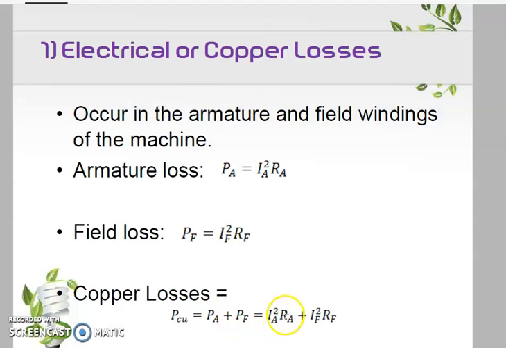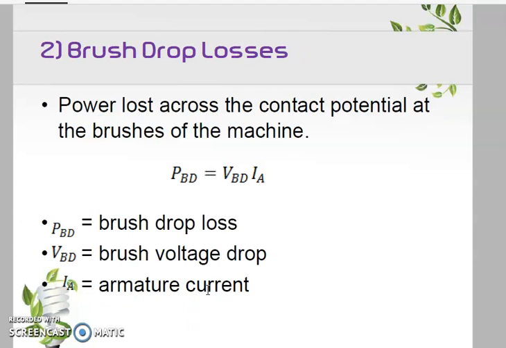So you can calculate both separately as armature and field, or you can combine them together to become a copper loss element. Then we have a brush drop loss, the power loss due to contact of the brush of the machine. And we use carbon, so we have resistance.